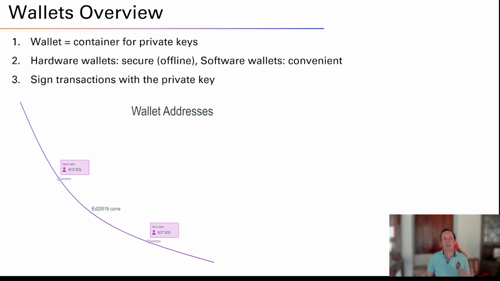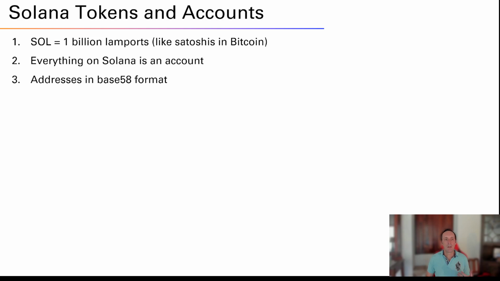Solana tokens and accounts. On Solana, everything is represented as an account, as I said before, and the native token is Sol, which powers the network by paying for transactions and rent on accounts. That's one of the uses of the Sol token.